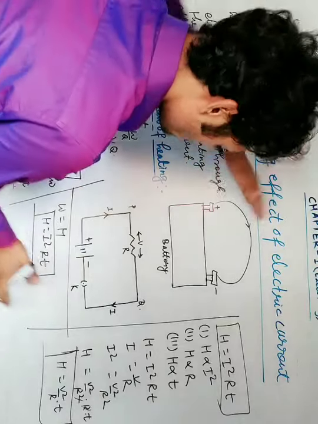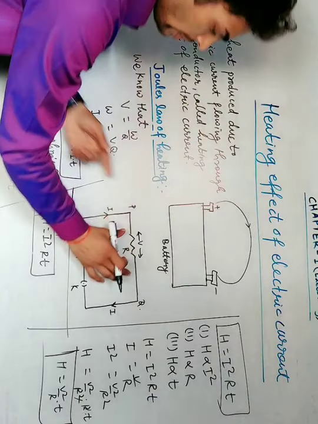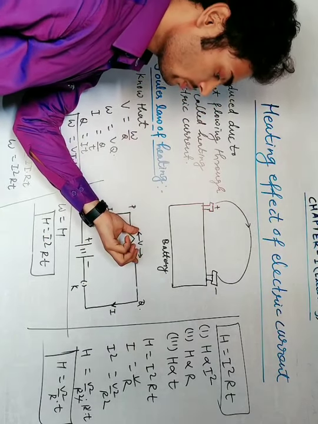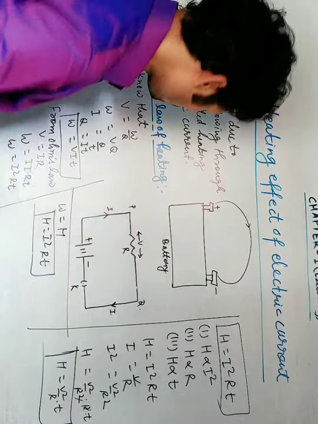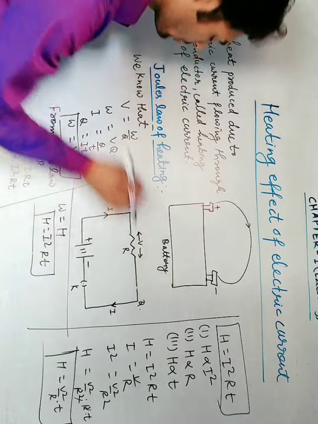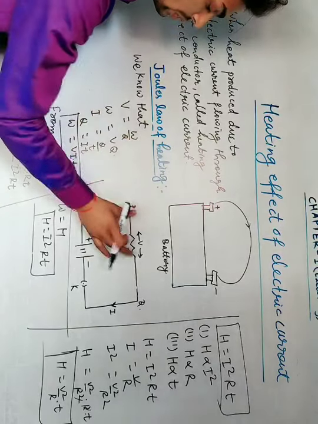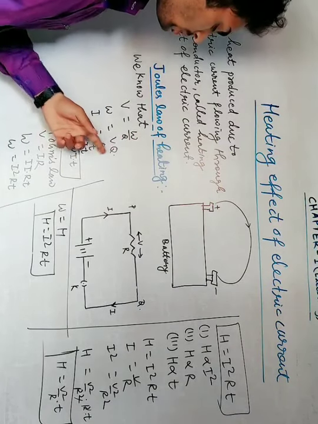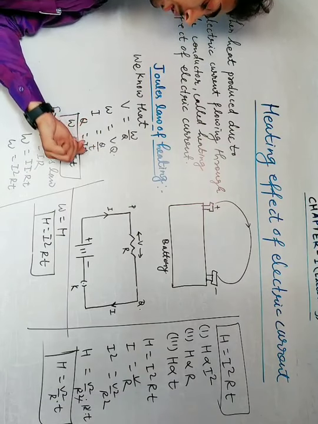So I repeat again this equation. We have a conductor PQ and resistor R. Potential difference across the resistor R is V. Then when current flows through this resistor, potential difference V equals W upon Q, W equals VQ, and I equals Q upon T, we know that, and Q equals IT.